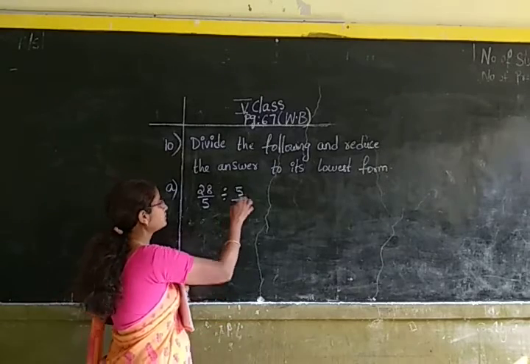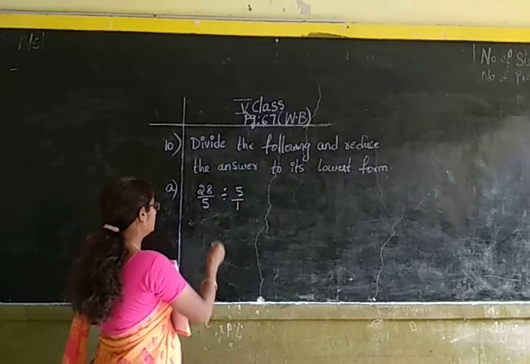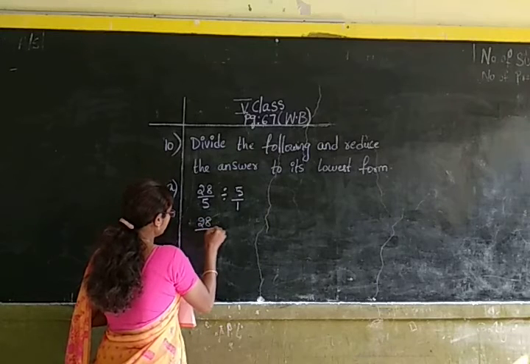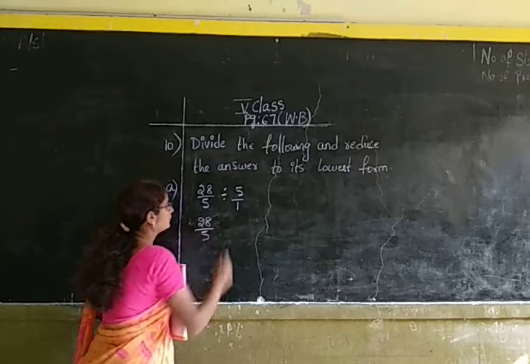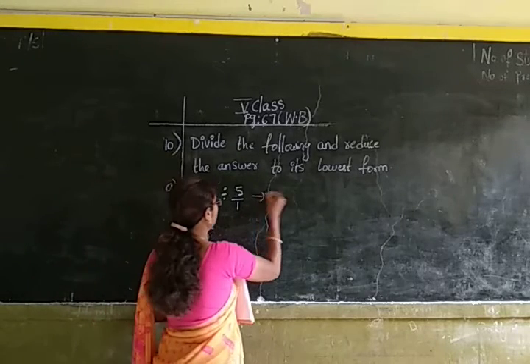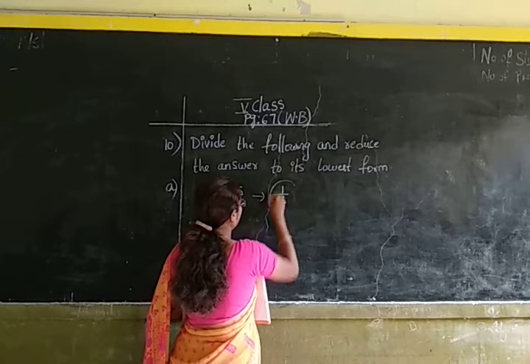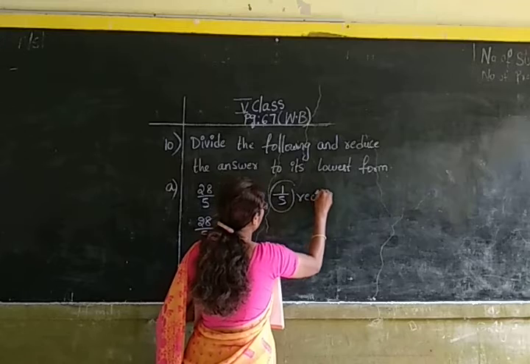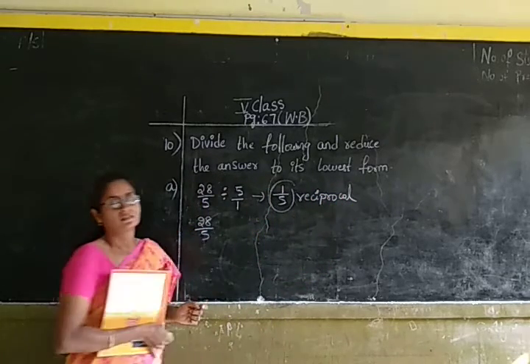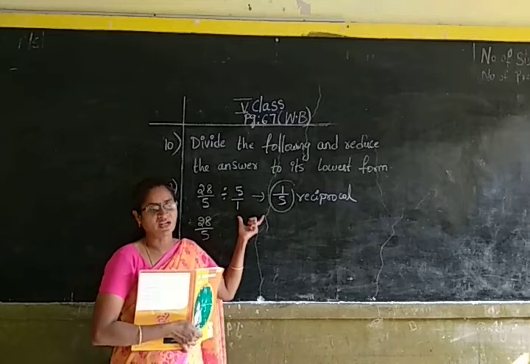We have to write down the reciprocal of the whole number. The reciprocal of 5 by 1 is 1 by 5.